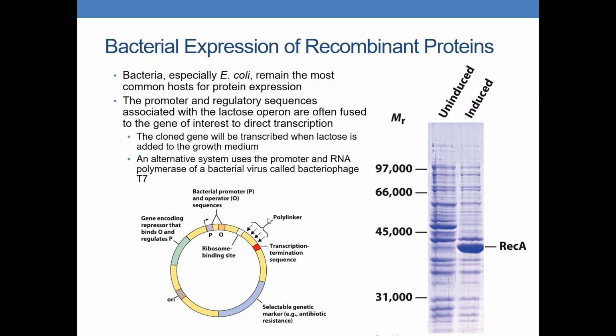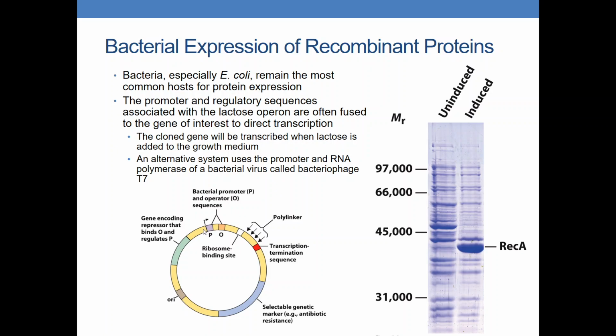Well, if we look at the vector, we have our polylinker region. This is where your RecA gene would be inserted. Downstream, there's a transcription termination sequence, so here I have a stop codon built in. Upstream, I have a ribosome binding site, and upstream of that, I have bacterial promoter and operator sequences.